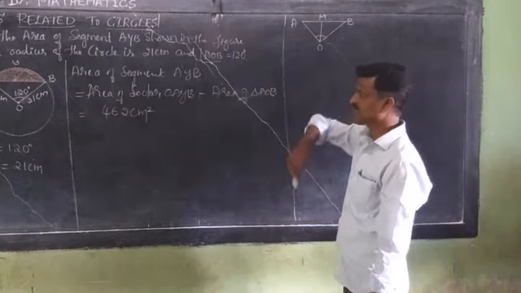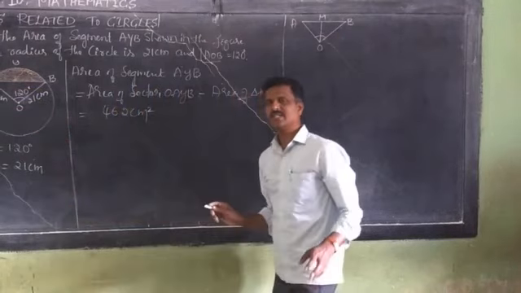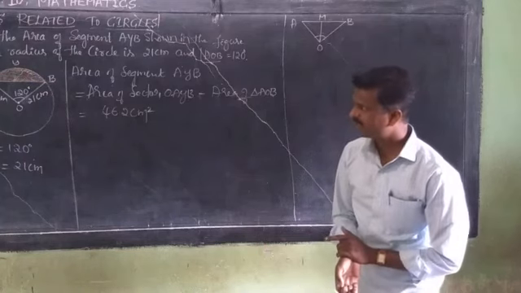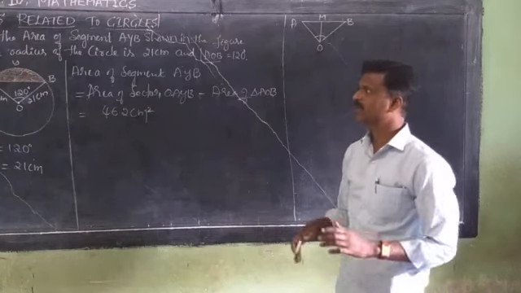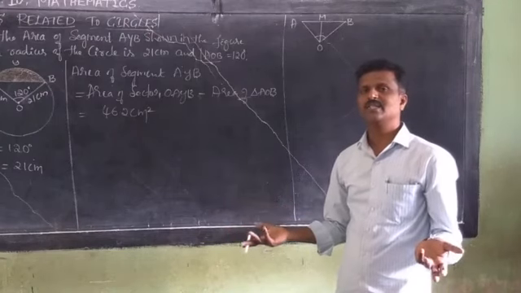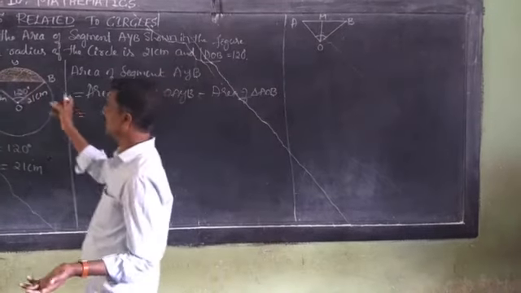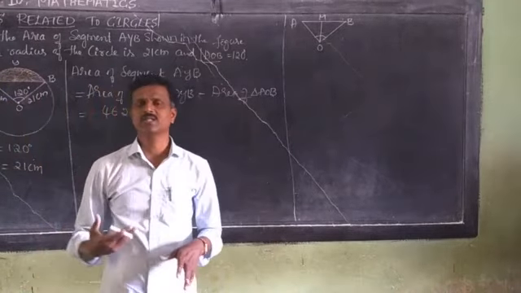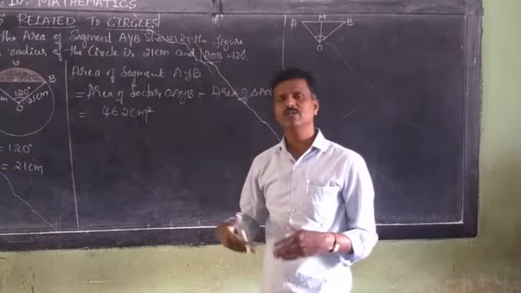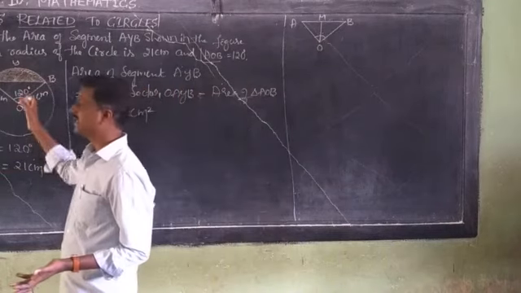Now make the construction to find the area of this triangle, because the area of the triangle is given by half into base into height. Here AB is the base, but we don't know the length of AB. So we have to find the length of AB first. After that, we have to find the height.